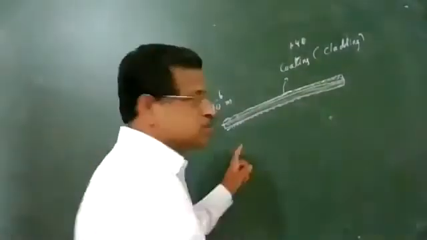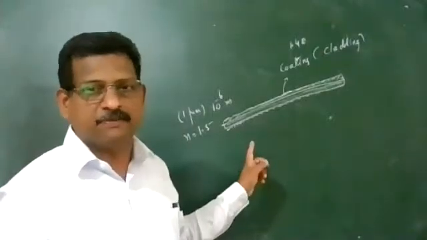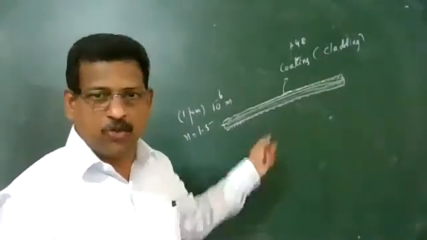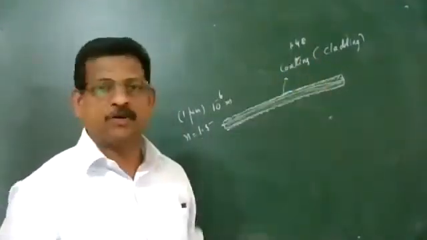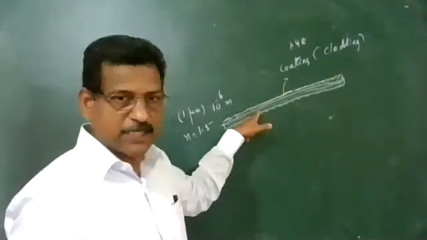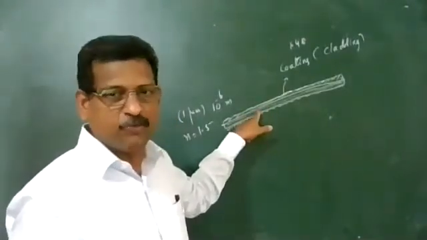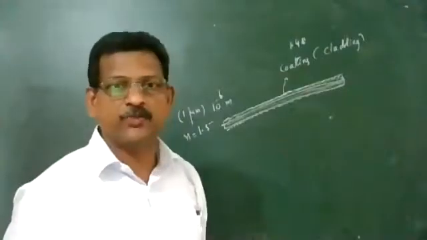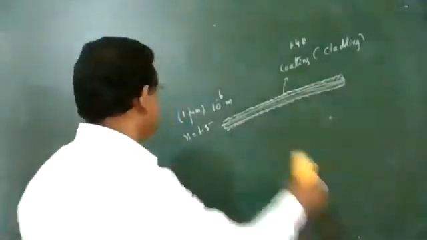So how does it work? There is an inner part that we call the core, and the outer part we call the coating, that is called cladding. The inner part, glass fiber, has refractive index 1.5, and the outer part, the coating, has refractive index 1.48.